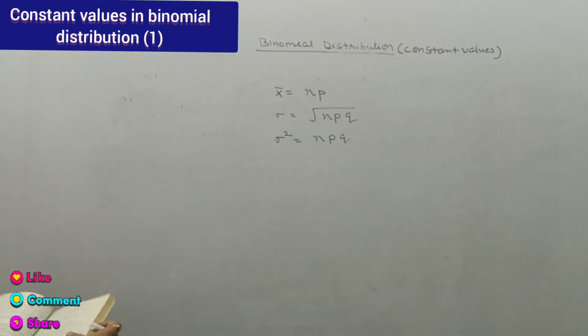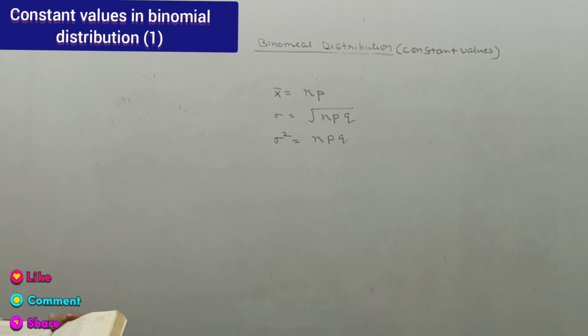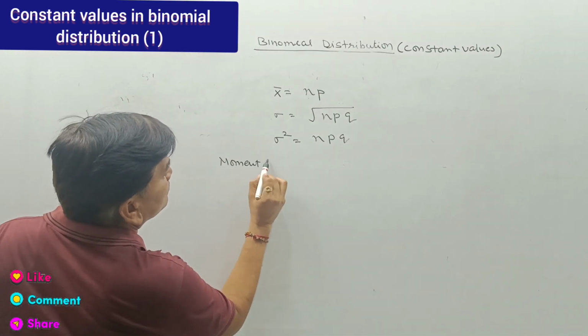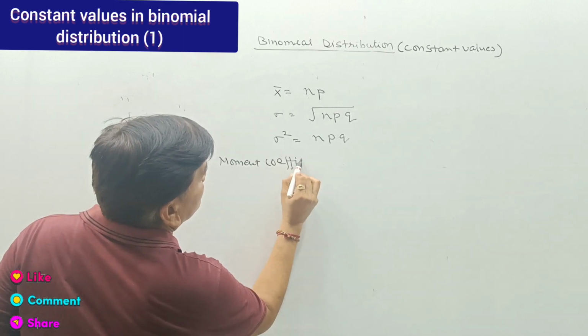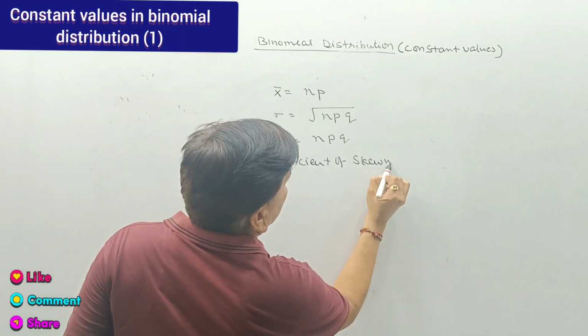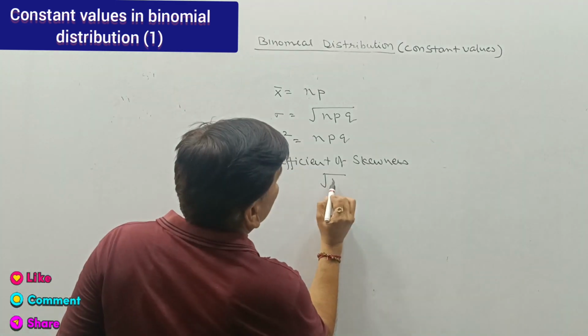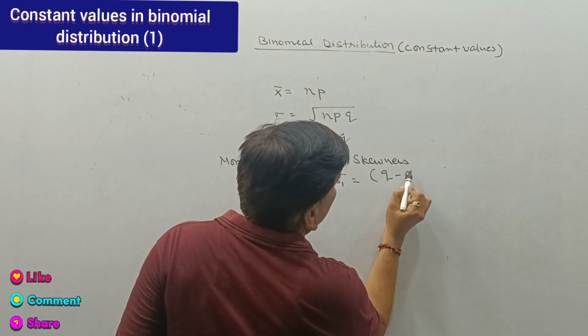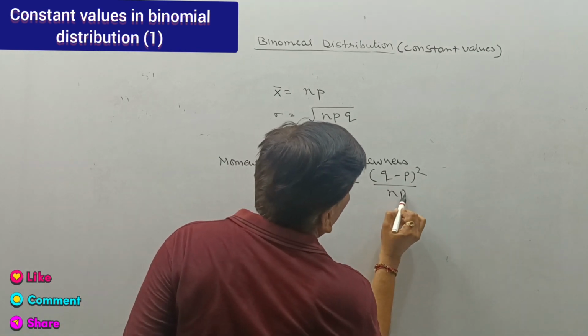Similarly, with the help of the binomial distribution, we also have the moment coefficient of skewness, which is called square root of beta 1, and the formula is q minus p raised to power 2 divided by npq.